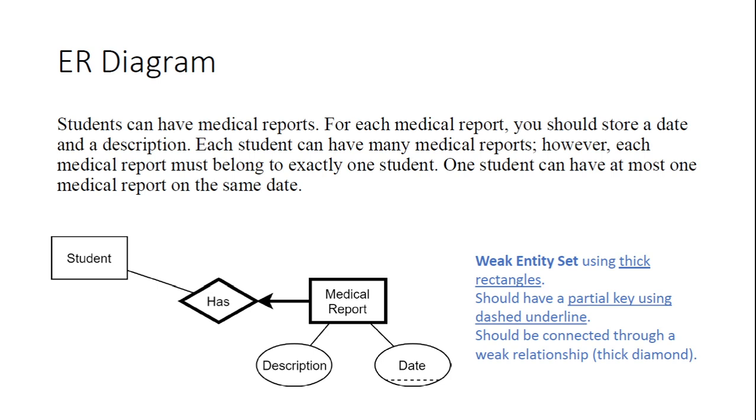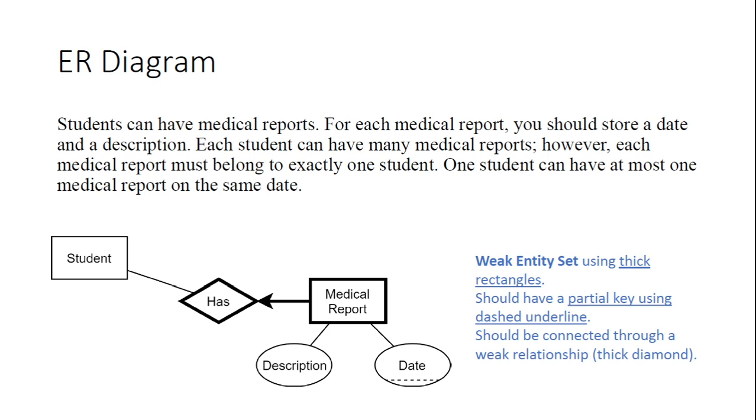In most real life scenarios, we need to have some sort of unique ID for a medical report, for example, some report number, that's going to be uniquely identified. But in the example, we do not have such information.